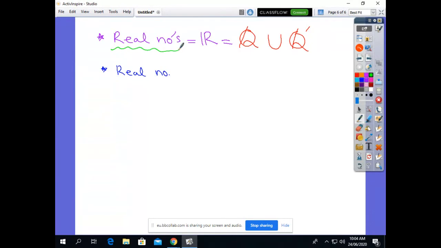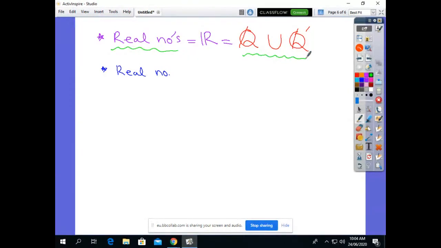The set of real numbers is equal to the union of rational and irrational numbers, which means that all the numbers which are rational or irrational are combined to form the real numbers.